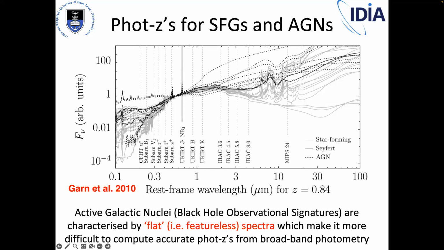They don't show large peaks or large troughs, and this makes it substantially different to work with the AGNs. Observational astronomers have known that for quite a long time, because very often when you have an AGN, your only option is to take a spectrum, because then you can measure the very peaked emission lines shown here, which are the only features that you can rely upon to measure a good redshift for AGNs.